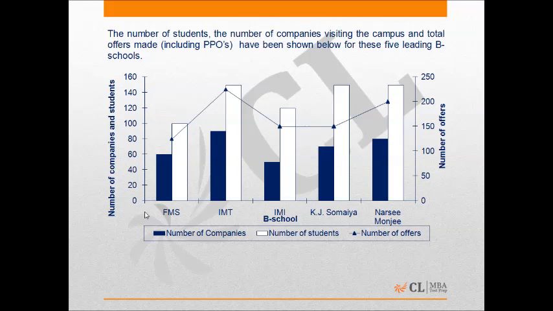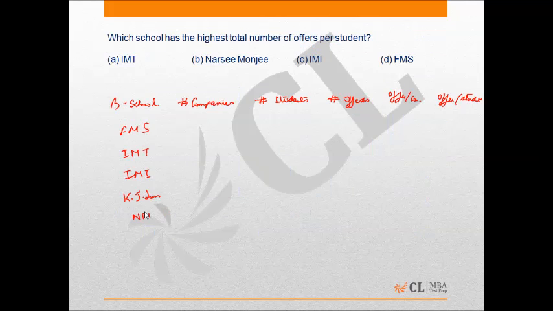FMS is 60, IMT would be 90, IMI would be 50, KJ Somaiya would be 70, and Narsimha Munji would be 80. So the figures are 60, 90, 50, 70 and 80.